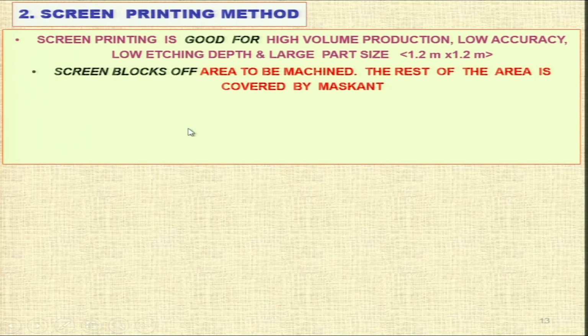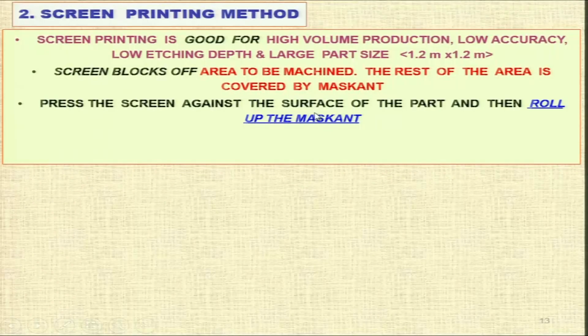Screen blocks off the area to be machined, because it is screen printing, so wherever you want the machining to be done, that part is first blocked by the screen, and the rest of the area is covered by the maskant. So wherever the screen is there, you remove the screen, then etching will take place. Press the screen against the surface of the part and then roll over the maskant.